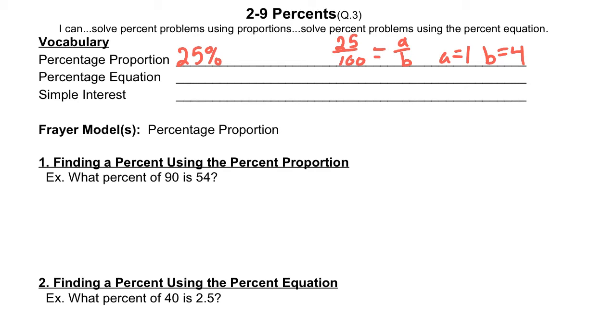So we can use percentages or percents to solve for different parts. If we know something is 25% of something else, we can set up some sort of percentage proportion. So just always remember, a percent is always out of 100.